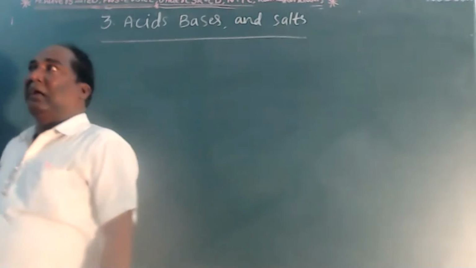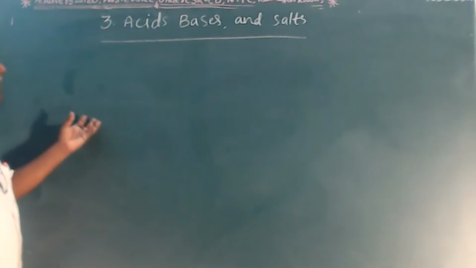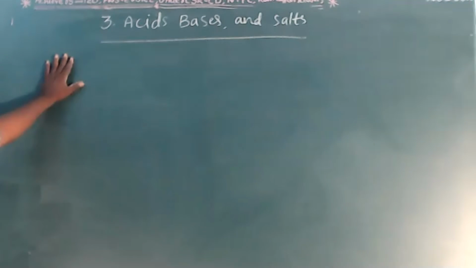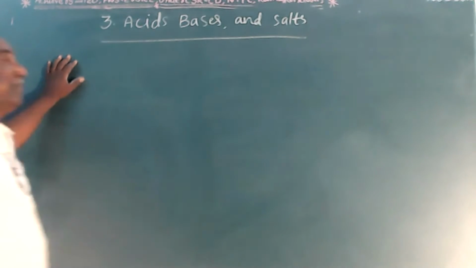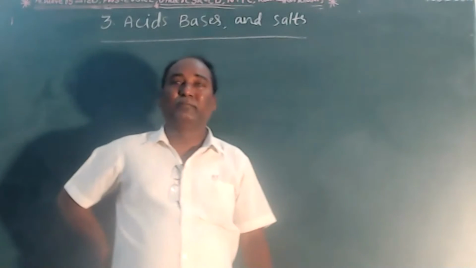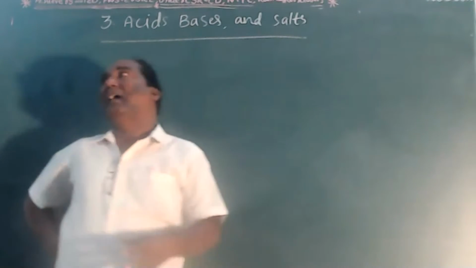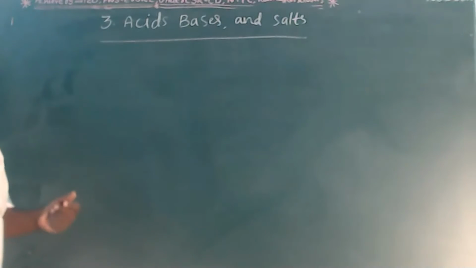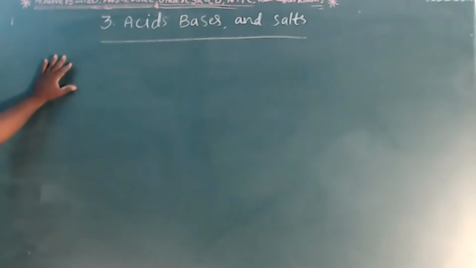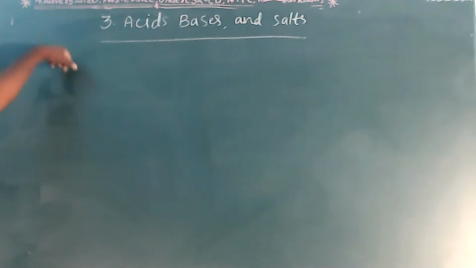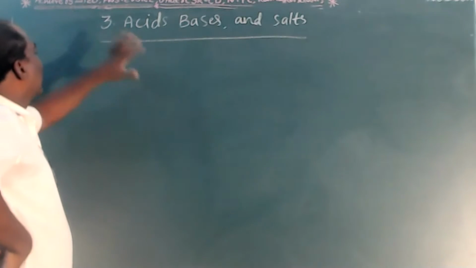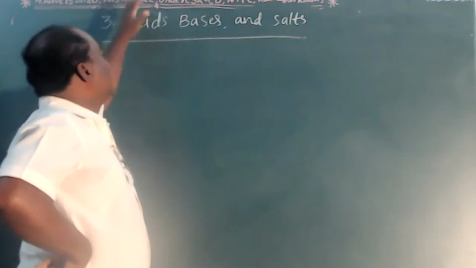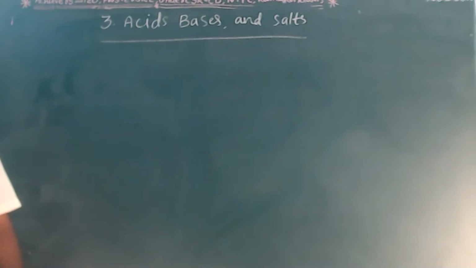Many of the ingredients play a major role in our daily life, and they contain different kinds of properties and characteristics. So today I am going to explain the third lesson, acids, bases and salts.